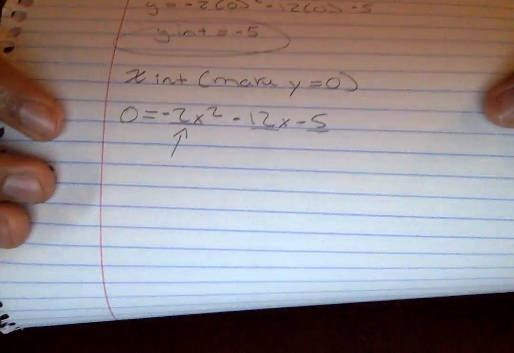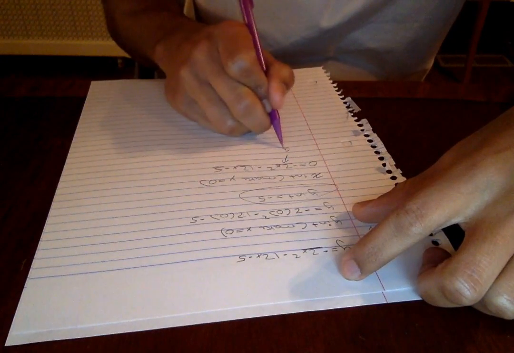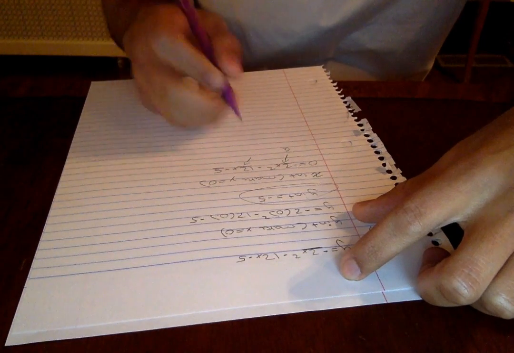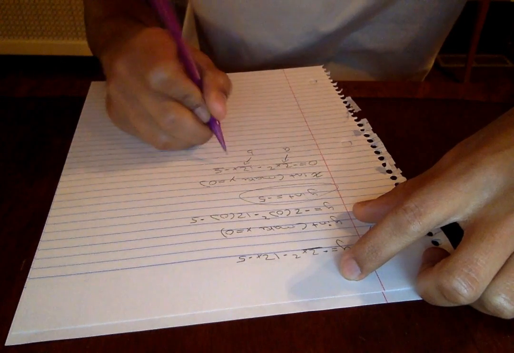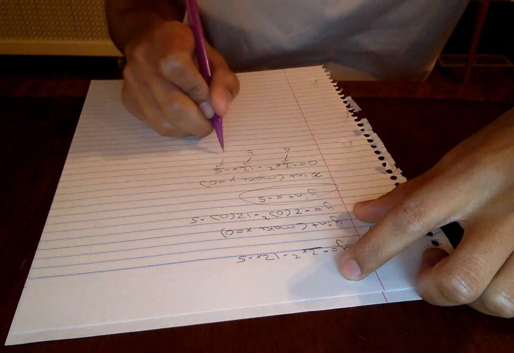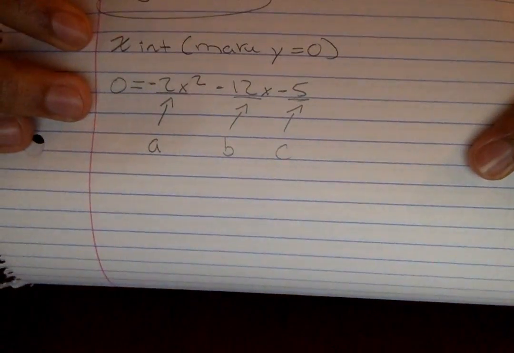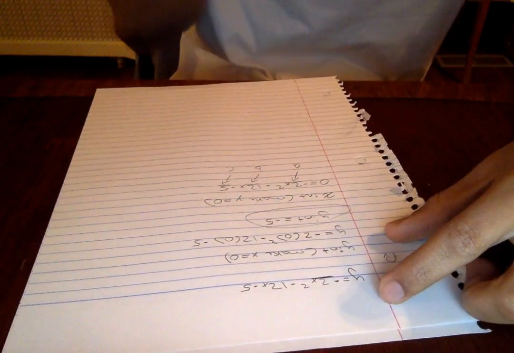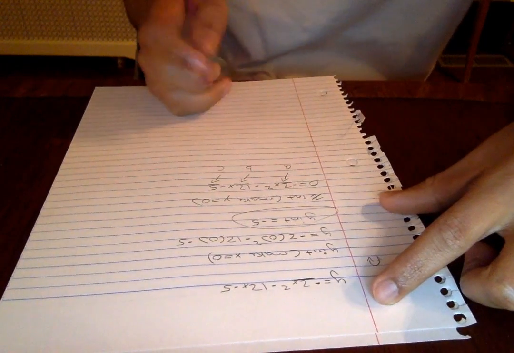So the first coefficient, negative 2, that's going to be labeled as A. Our second coefficient, negative 12, labeled as B. And our third and last number in the problem, negative 5, we label it as C. Just like that.